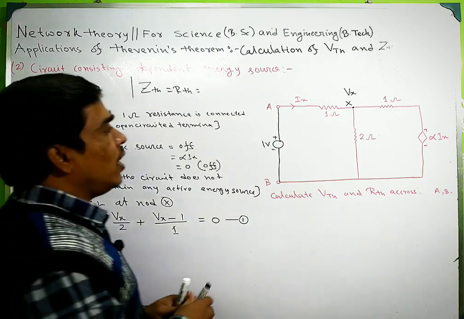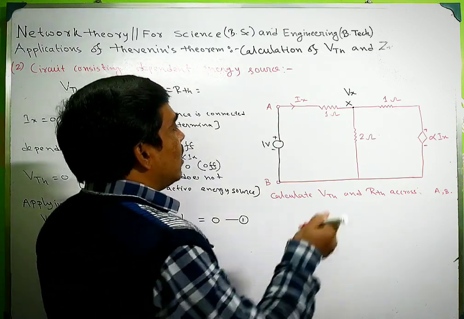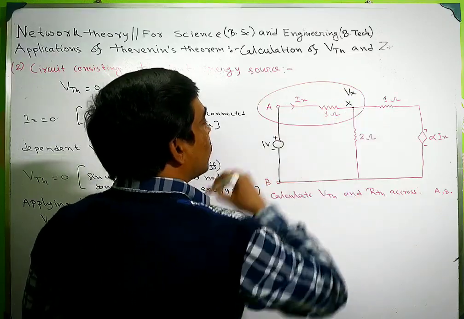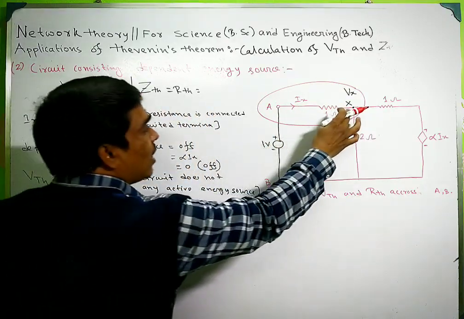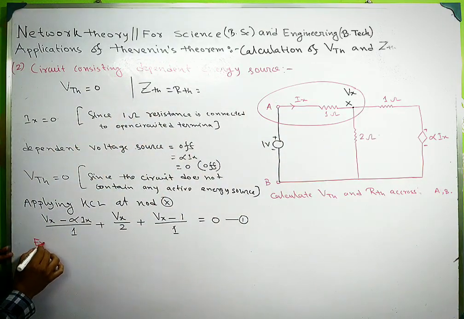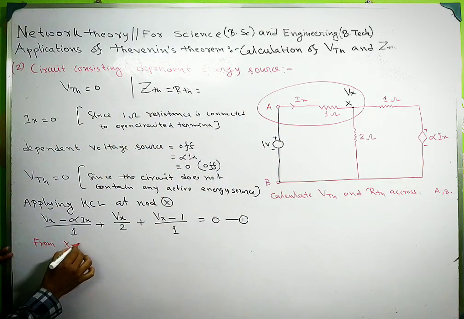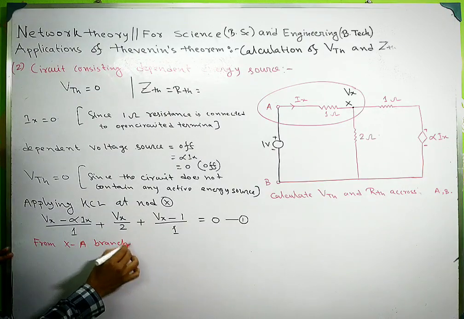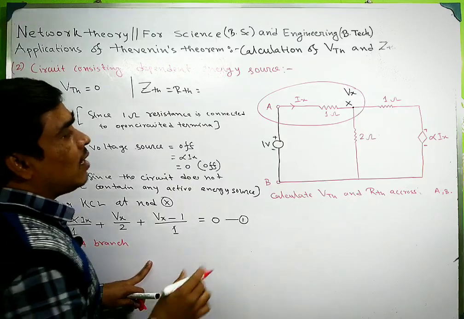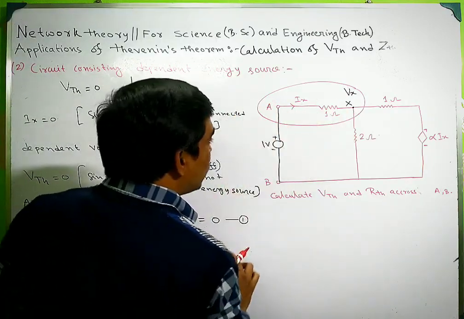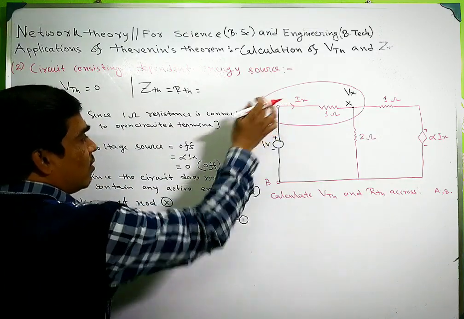Now if I take this XA branch, the direction of the current Ix is along this direction, so this voltage is greater.